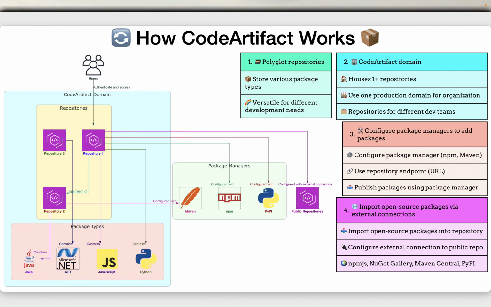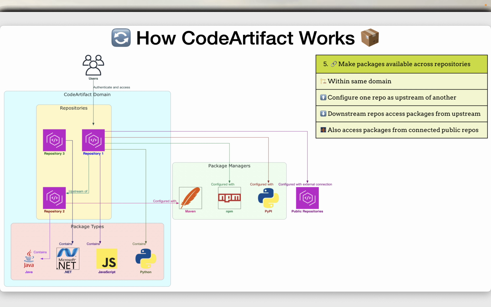Code Artifact allows importing open source packages into a repository by configuring an external connection to a public repository, for example npm.js, NuGet Gallery, Maven Central, PyPI. Within the same domain, you can make packages from one repository available to another by configuring one repository as an upstream of the other.